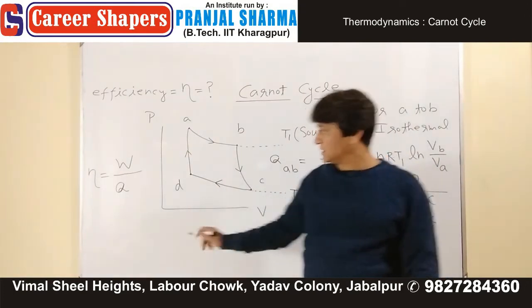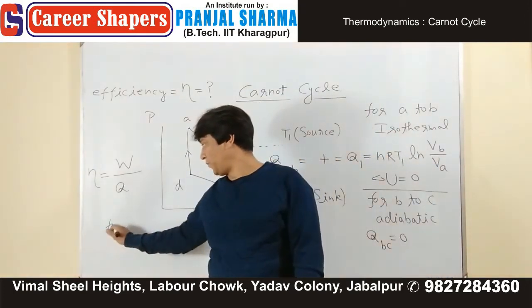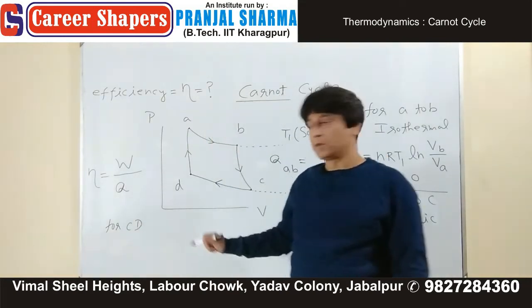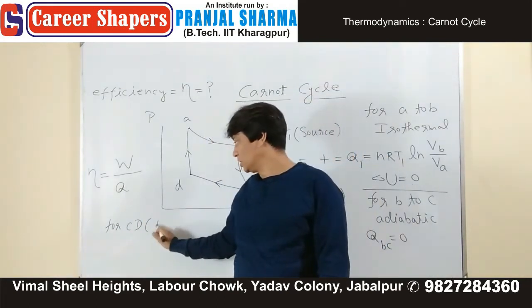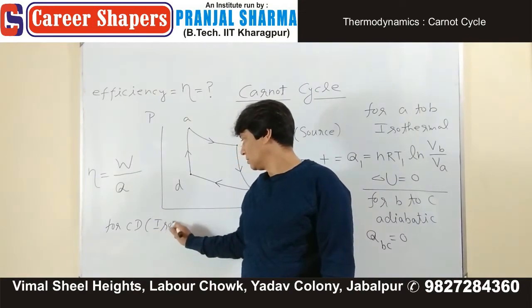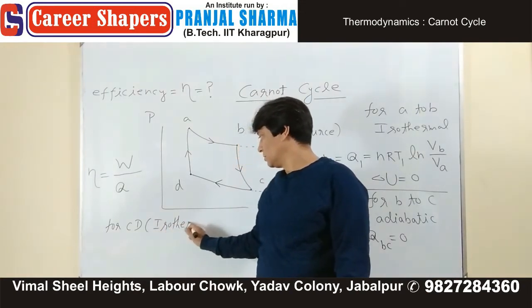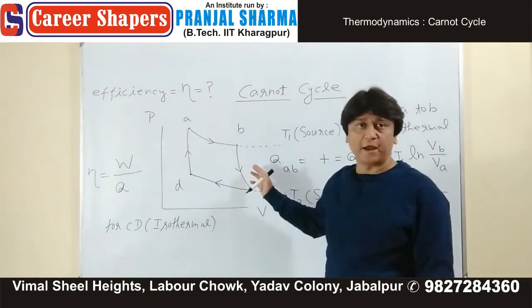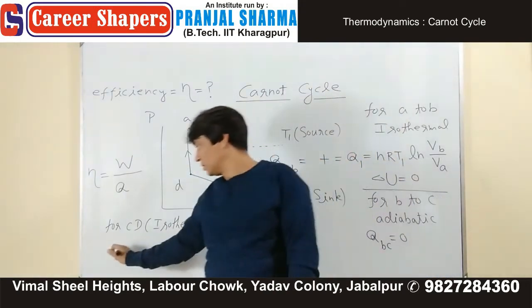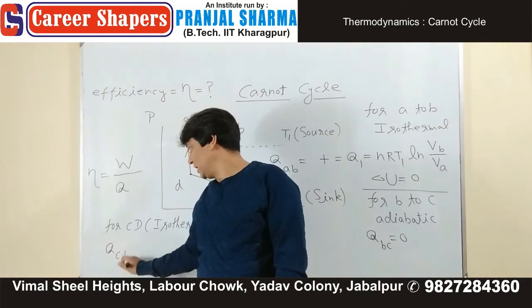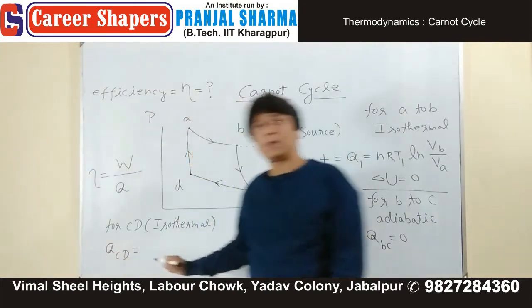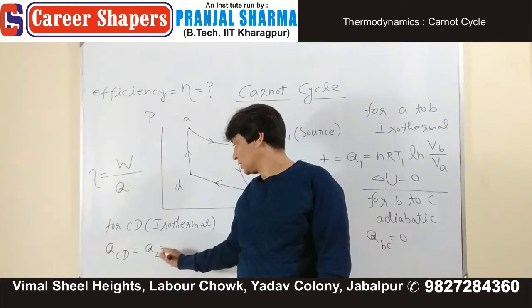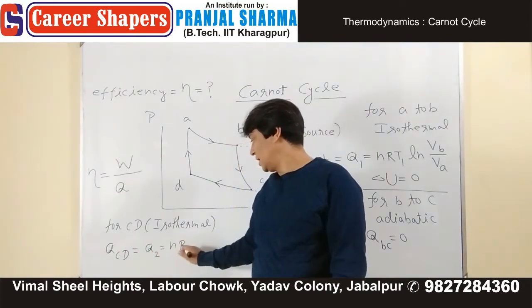Now, for the CD part, which is isothermal portion, everything is same as A to B thing. If I need QCD, I'll call it Q2, which is nRT.